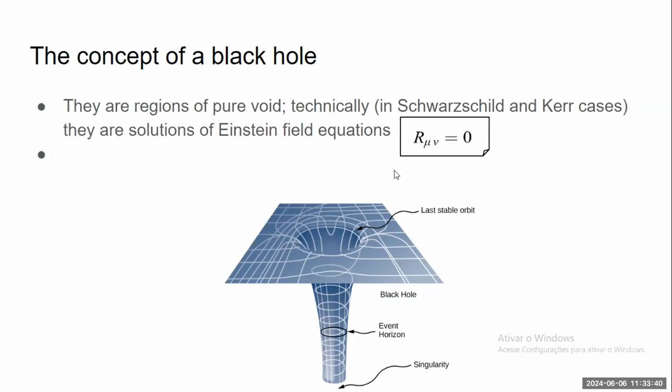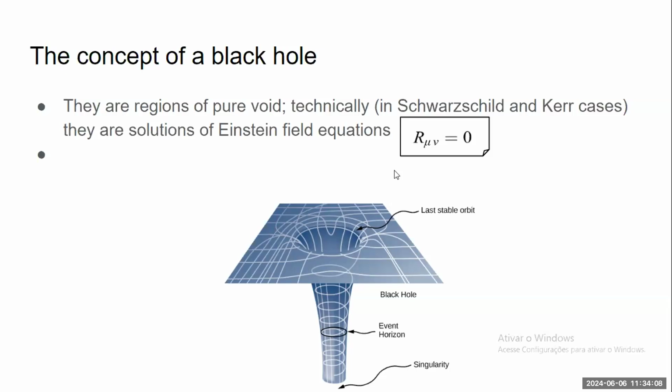In classical gravity, it is a region of pure void. Technically, the Schwarzschild and Kerr cases are solutions of the vacuum Einstein field equations. We have a very important surface called the event horizon, a null surface.